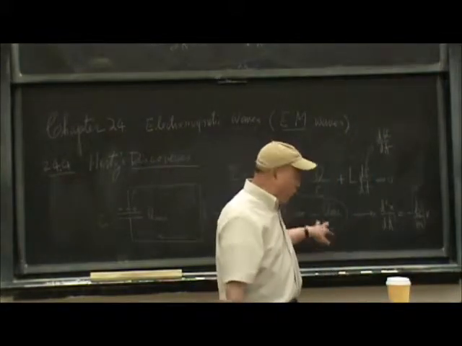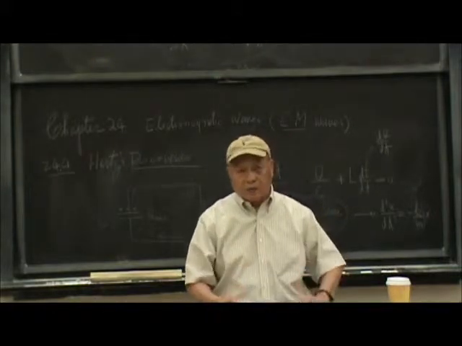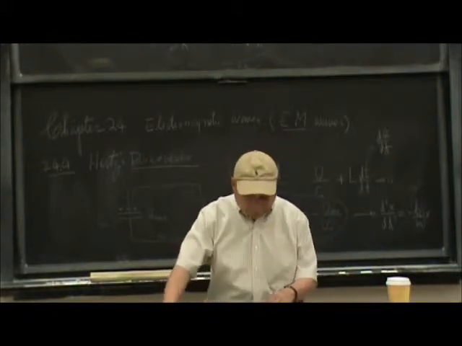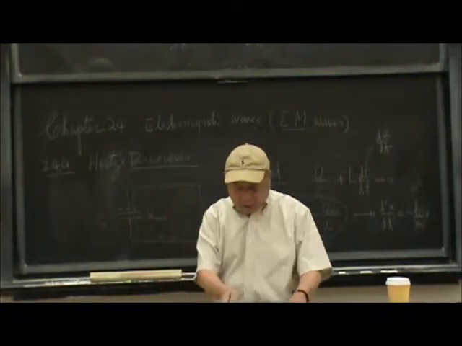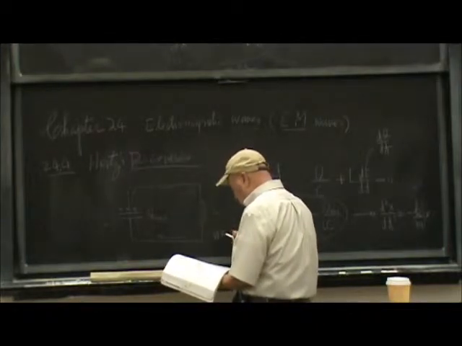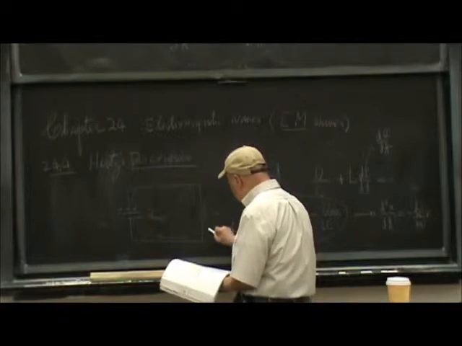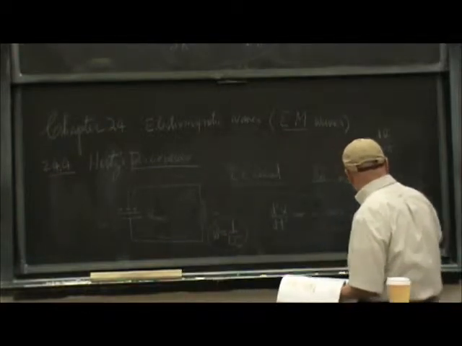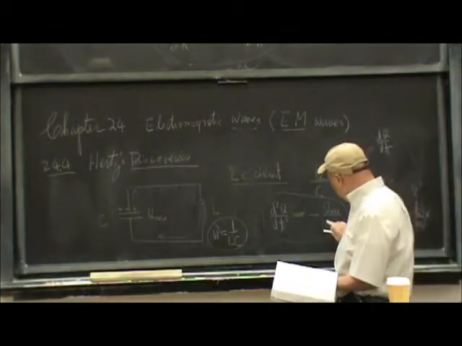So 1 over LC is the relationship for the LC oscillating circuit. The oscillating circuit says omega squared is equal to 1 over LC, so 1 over omega squared equals LC. So this is the omega squared. Comparatively speaking, that's what you've got.